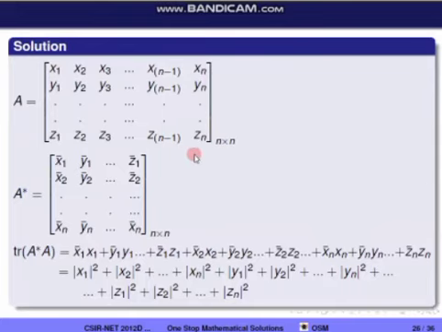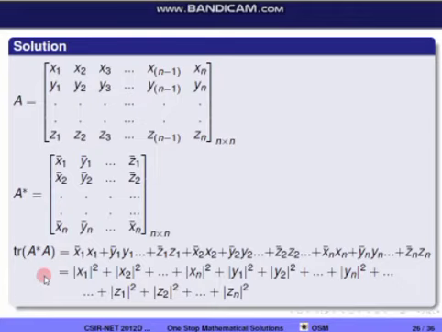So I'm taking a general n cross n matrix like this. A star means take the transpose, then take its conjugate. So it will look like this. We need the trace of A star A, that is the sum of diagonal elements of A star A, that is the sum of elements a11 plus a22 plus a33 plus etc. up to ann.